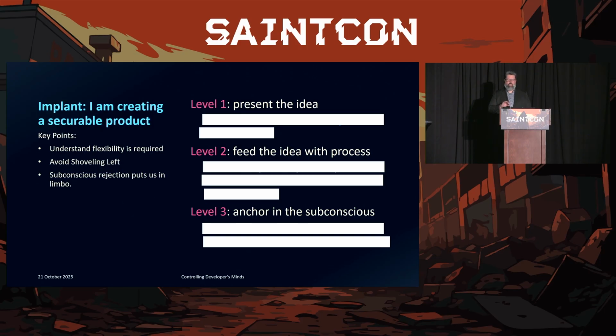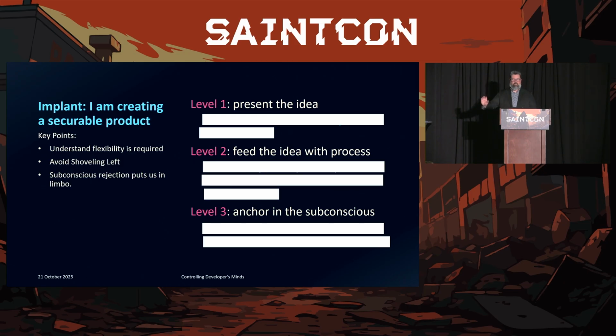What we want to do is engage their mirror neurons, and we want to help them understand that their team is doing a measure of security already, and they are too. This is a little bit akin to gaslighting, but it's more along the lines of Hellenization. We want them to think, I am creating a securable product.